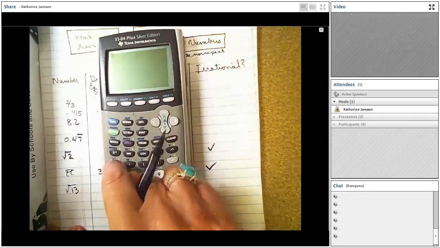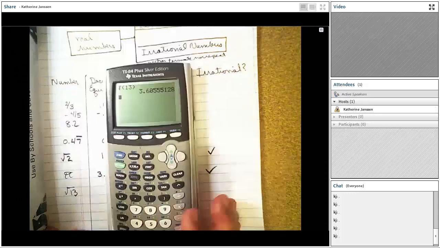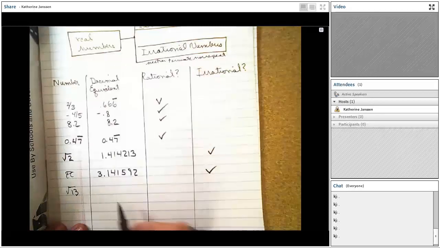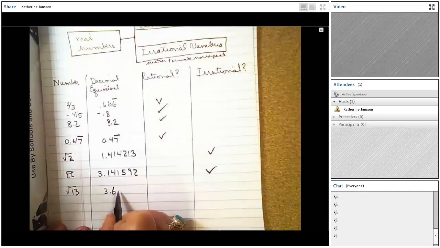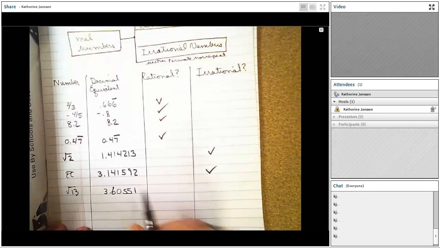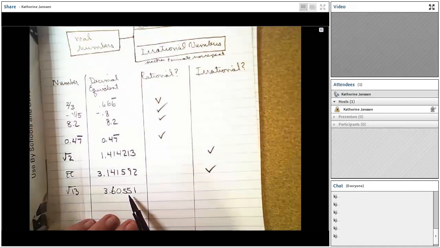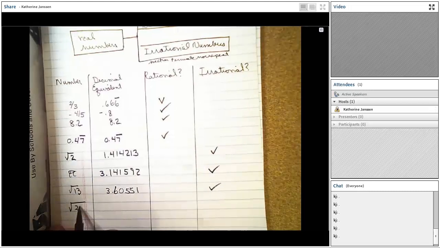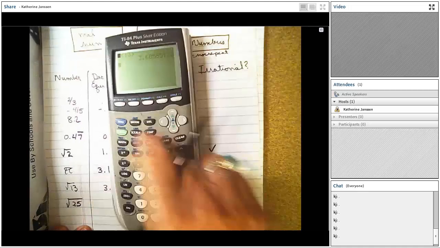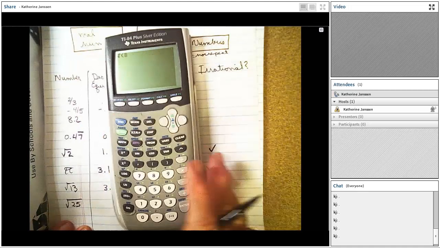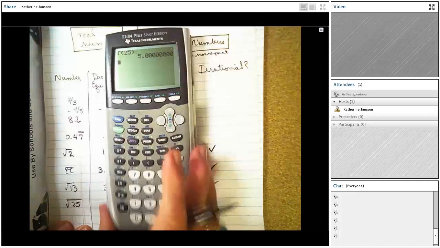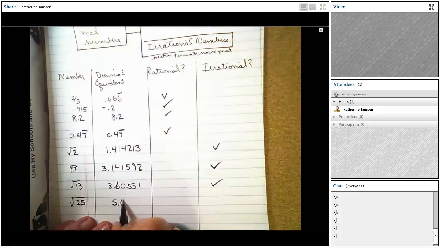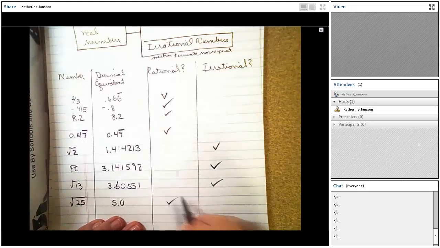The square root of 13, close, is 3.6055. On my calculator, once again, it does not appear to be terminating or repeating, so it's irrational. How about the square root of 25? The square root of 25, close, enter, is 5.0. 5.0 terminates, so that is a rational number.